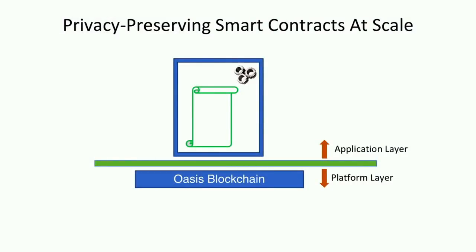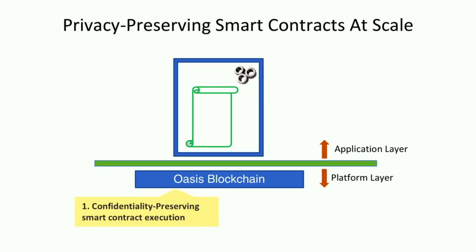In order to enable this privacy-preserving smart contract at scale, we develop a number of different technologies and combine them together to build our Oasis blockchain platform. The Oasis blockchain platform, you can view as two main parts: the platform layer, and the application component, where the smart contract is the abstraction at the application level.